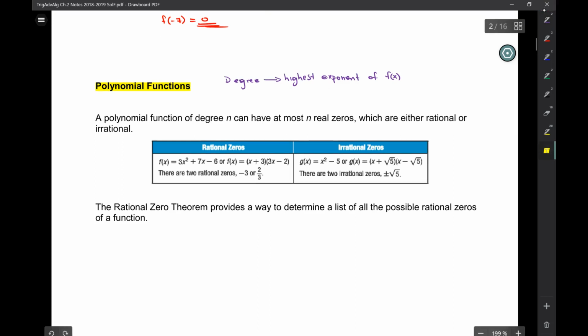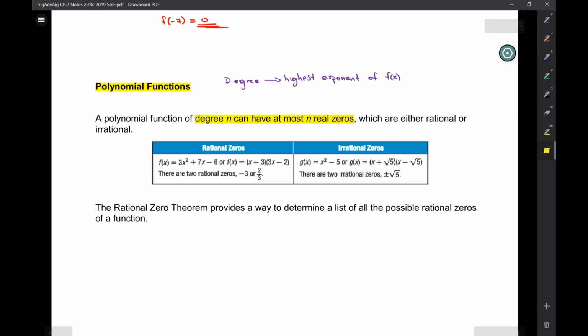Okay, so if a function has a degree of n, whatever the degree is, it can have at most n real zeros. So if you have f of x equal to, let's say, 2x to the 4 plus x squared plus 5, what's the degree? 4. This means this function can have at most 4 real zeros.